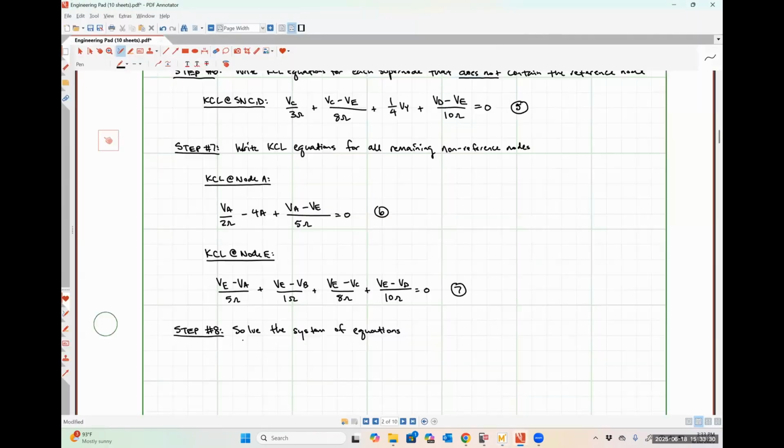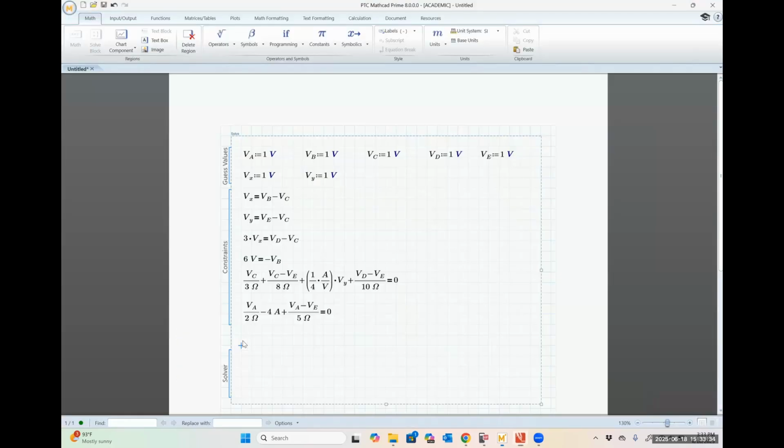So that is VE minus VA over 5, plus VE minus VB over, I think it was 1 ohm, plus VE minus VC over, I think it was 8 ohms. I'll check that in a second.